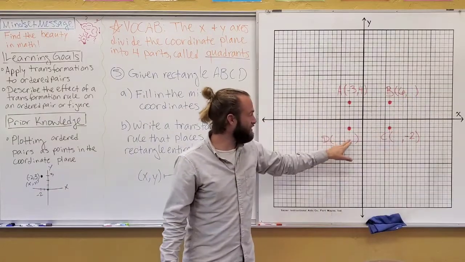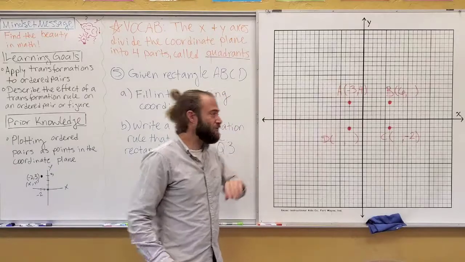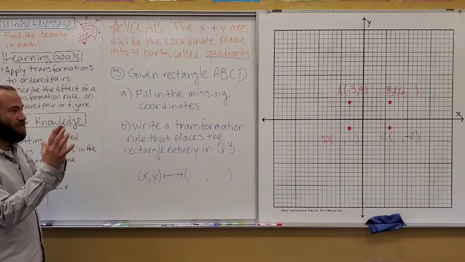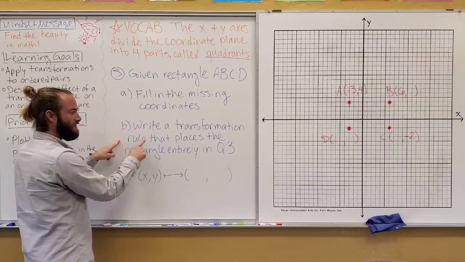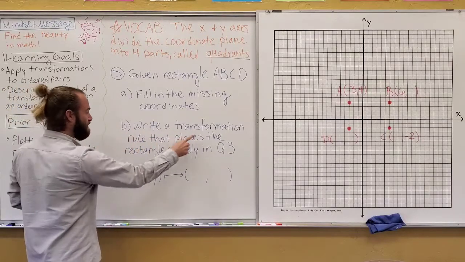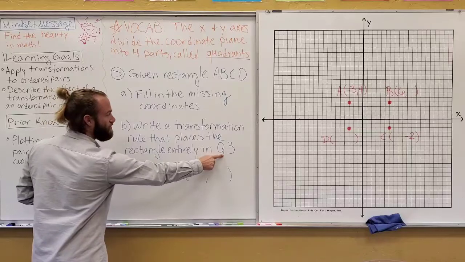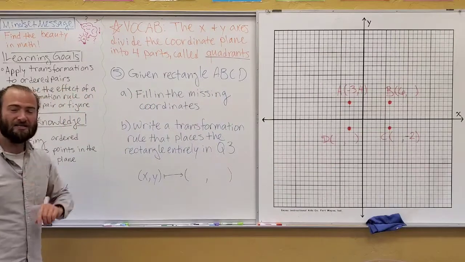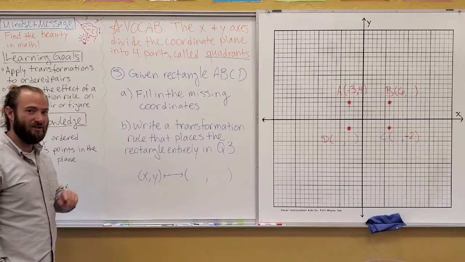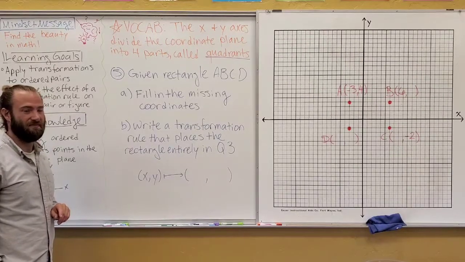Here, here, here, and here. And after you do that, think about the movement of this, and write a transformation rule that moves the rectangle and places it entirely in quadrant 3. And remember, that's down here. So pause now and do that, and then we'll take a look at answers.